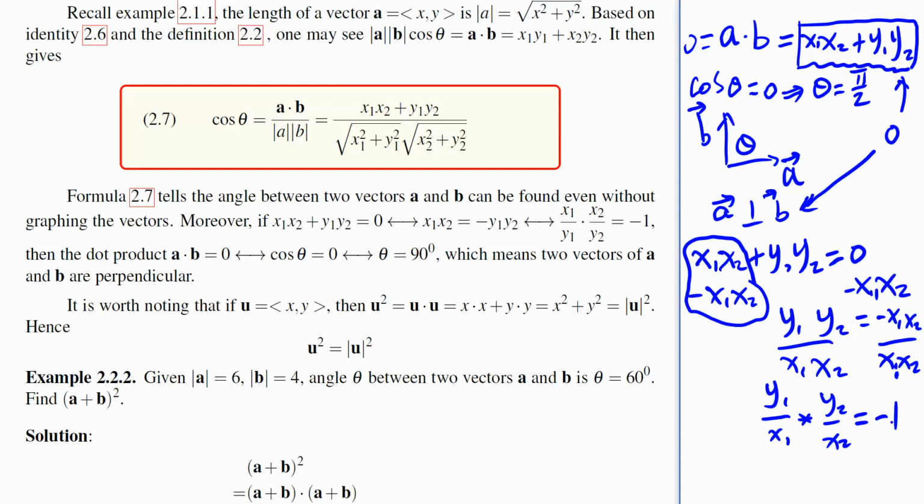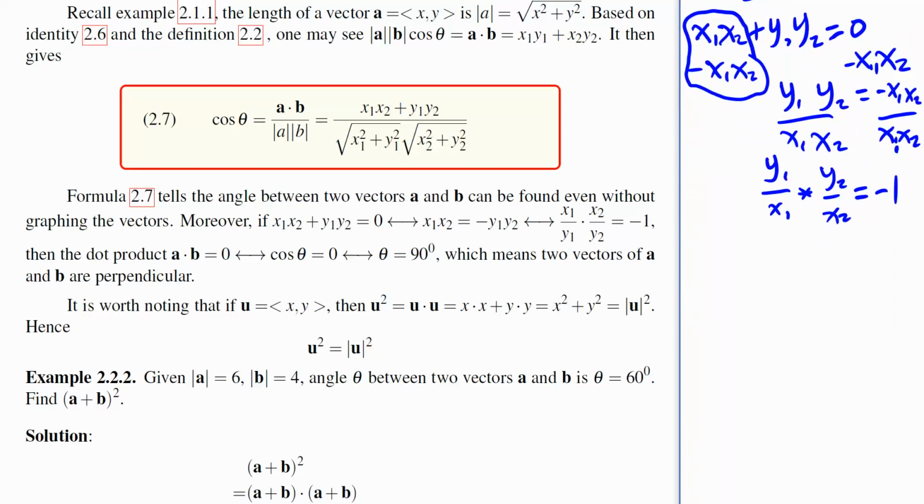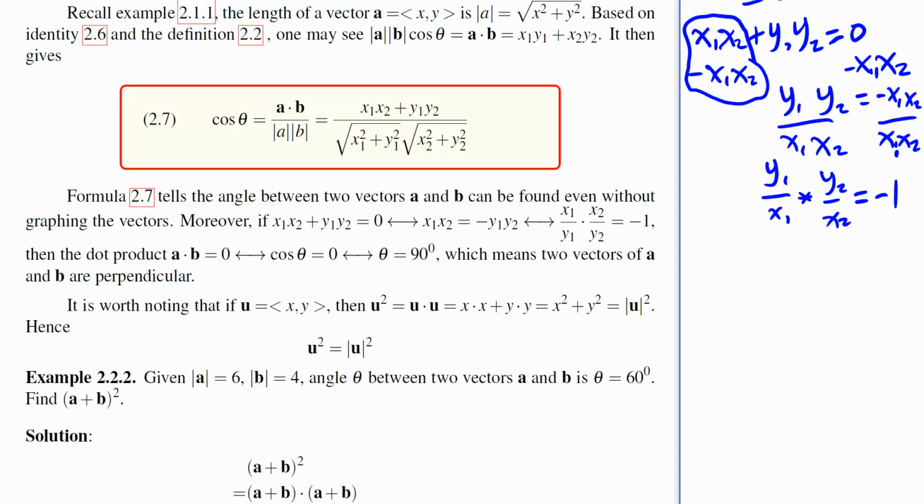We know y1 over x1, if this is vector A, which is x1, y1, then this will be the slope of this vector.